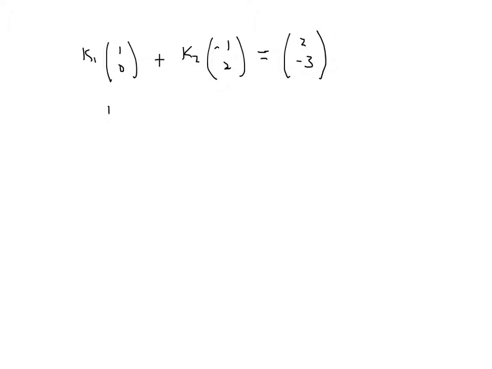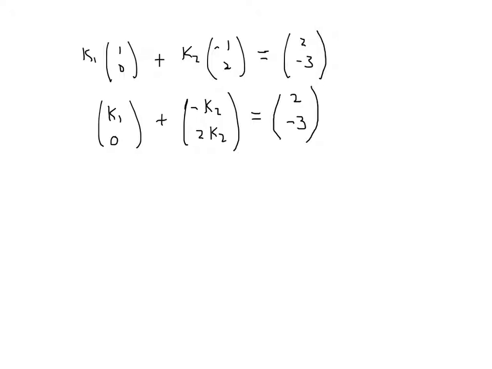This will be true if, I'll do it in 2 steps, multiplying through by that scalar, I have -k2 and a 2k2, equal to (2, -3). Adding component-wise, this will be true if k1 minus k2 is equal to 2.